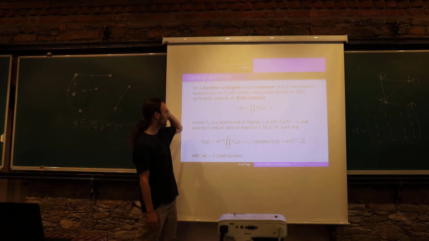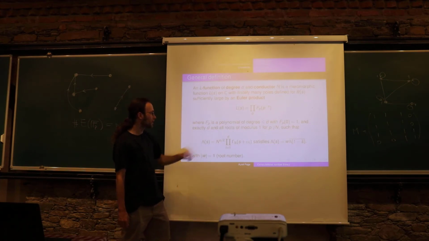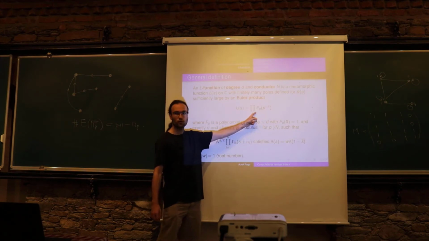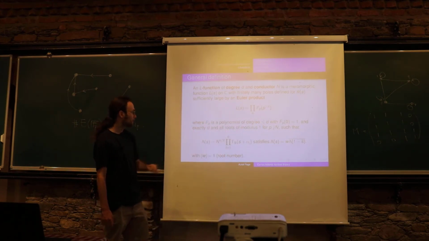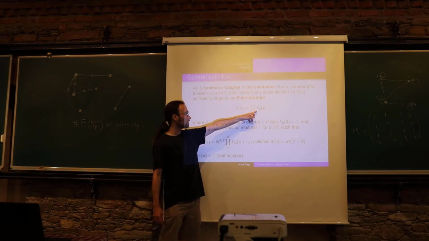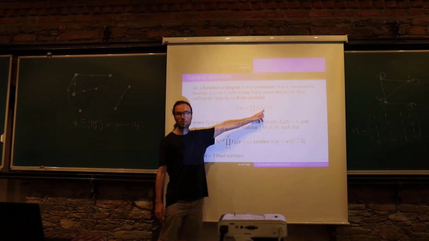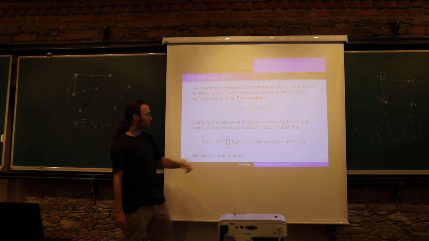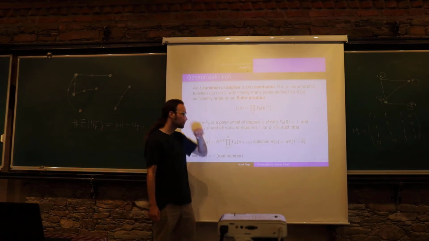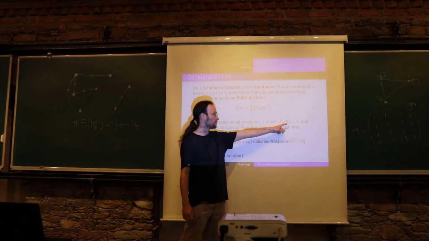It is defined for real part of s large enough by an Euler product of a form that generalizes all the ones that we have seen: a product of some polynomial evaluated at p to the minus s, where all these polynomials have degree at most d, and they're 1 at 0.